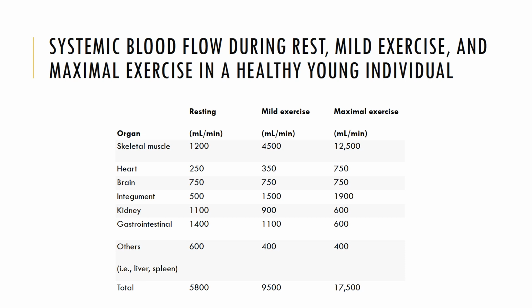One thing to note, you will notice that the brain receives a continuous supply of blood during resting, mild exercise, and in addition, maximal exercise. So blood flow is not redistributed at any point in time away from the brain. But it can be redistributed to the organs that are needing it most, like your skeletal muscles, and redirected away from other organs like your gastrointestinal system.